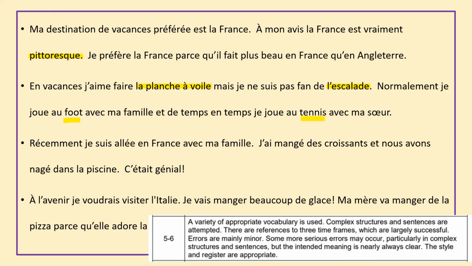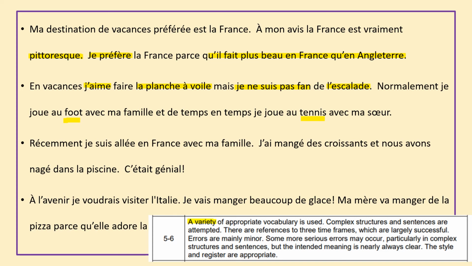I've used a comparison. Il fait plus beau en France qu'en Angleterre, so I've used a variety here. I've used je préfère and I've used j'aime, and I've used a negative, je ne suis pas fan de. So I've used quite a bit of different language there. I'm not always saying the same thing.